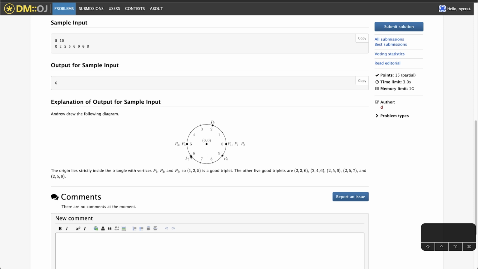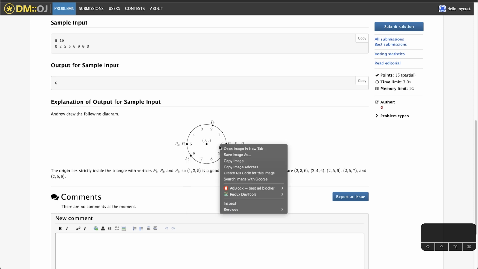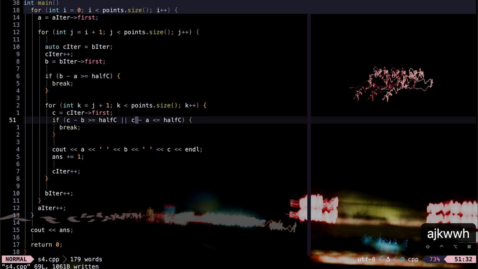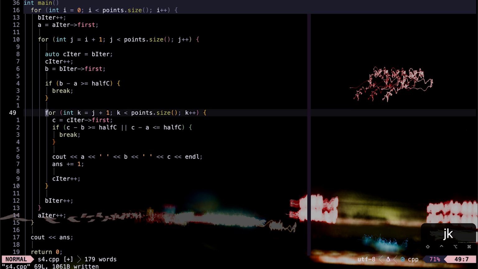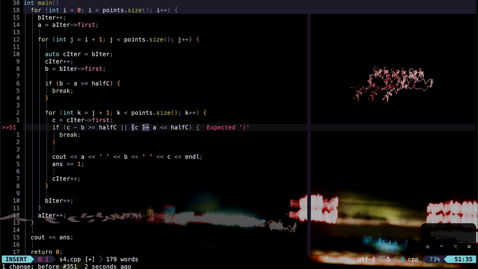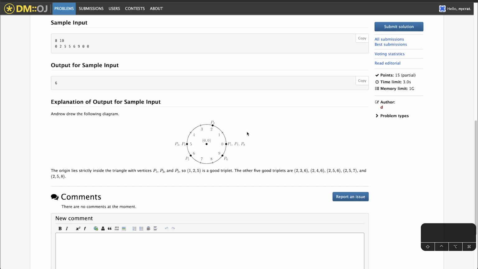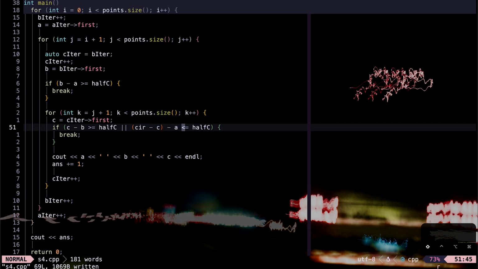So A and C, the difference between A and C, but the other way around. So let's say circumference minus C minus A. So it'd be 10. Oh, is greater or equal.